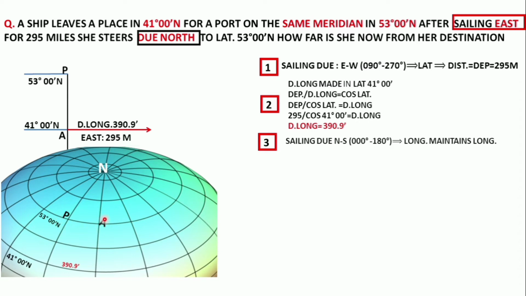Now they are on the same latitude. That means it's your east and west distance, and east and west distance is called the departure. So we have to find out the departure here. We know that by sailing north, she was sailing along the same meridian. As you can see, the two meridians are parallel to each other. So whatever D long is here will be the D long here also.